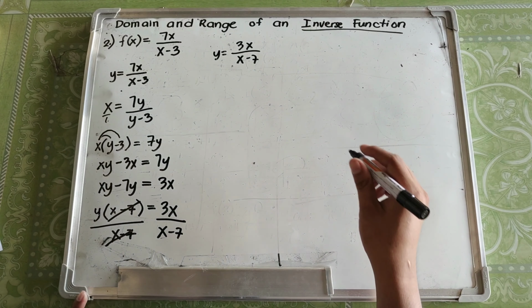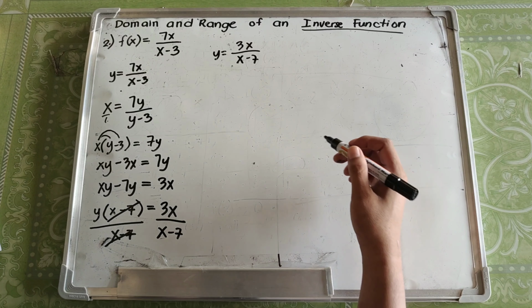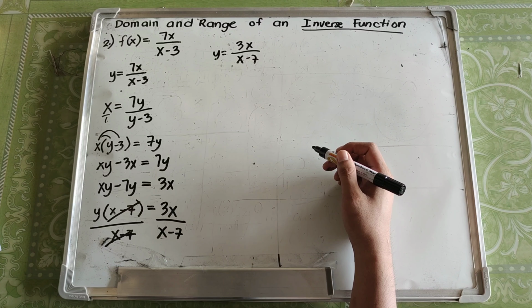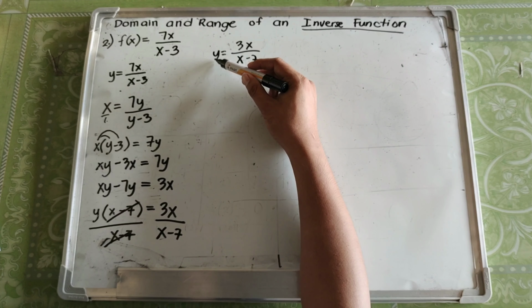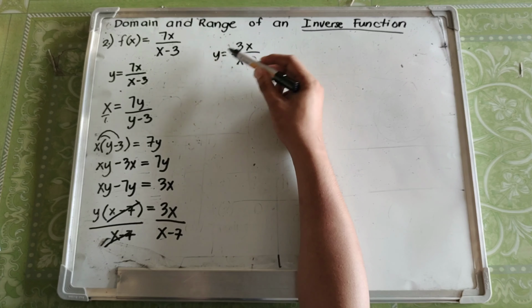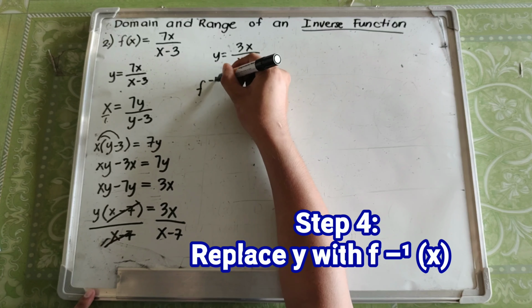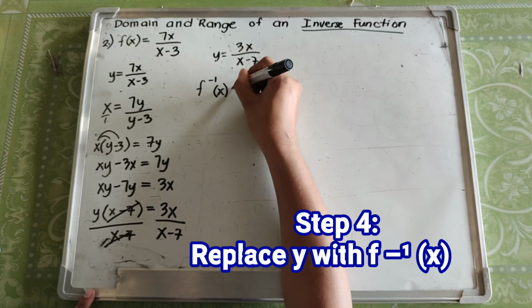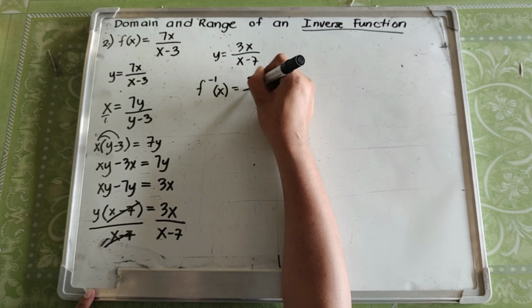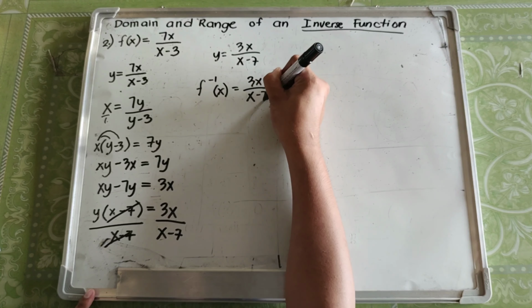Diba? Solve for y. Sabi niya, solve for y. And what will happen? Change natin si y into its inverse. Then finally, we have now an inverse. Ayan, 3x all over x minus 7.